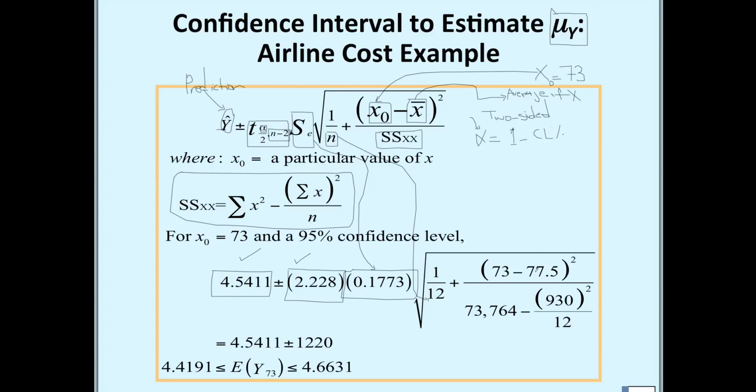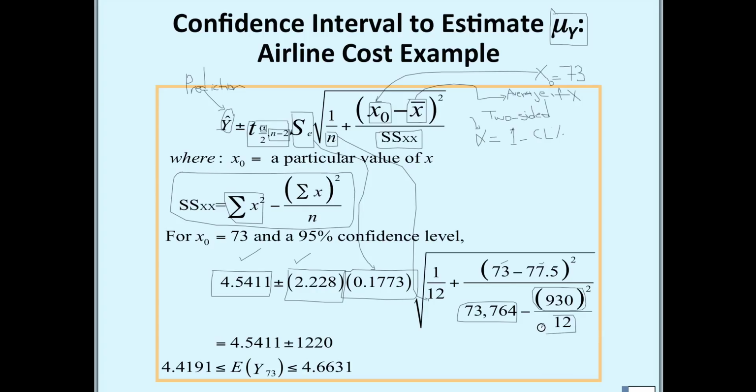X bar is the mean of all our accounts, 77.5. SSXX, summation of X squared, was 73,076. So this is this part. And summation of X, squared, would be 930 squared, and n is 12.